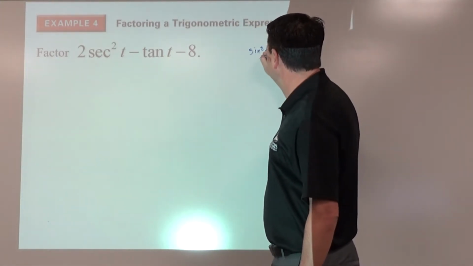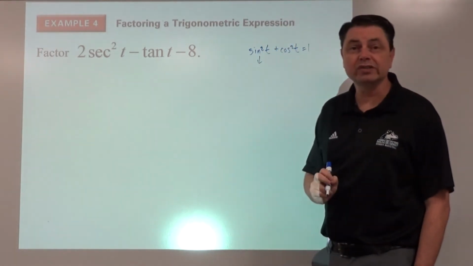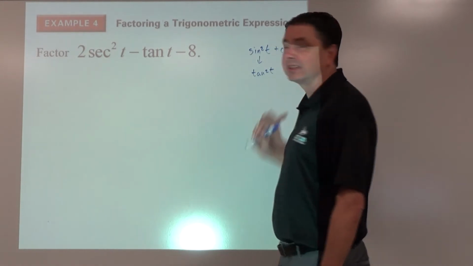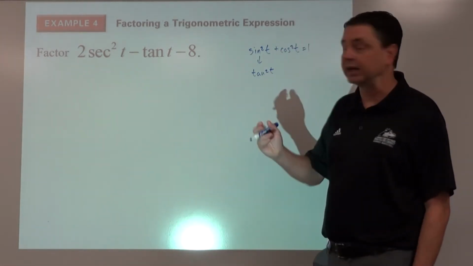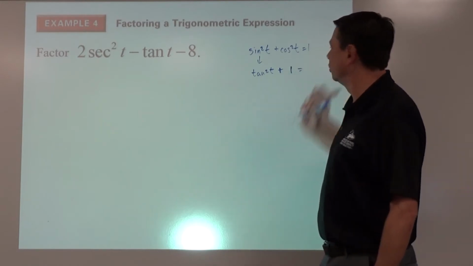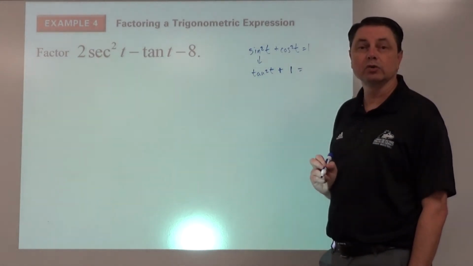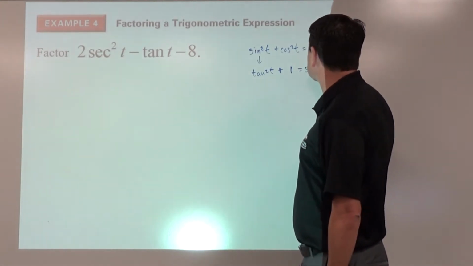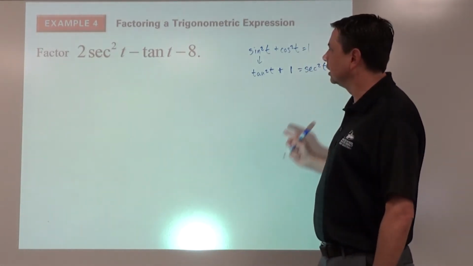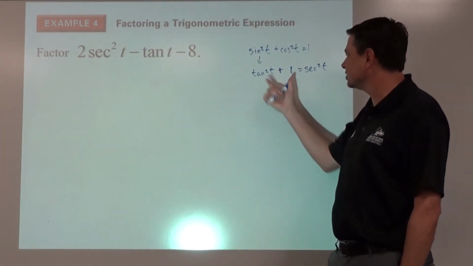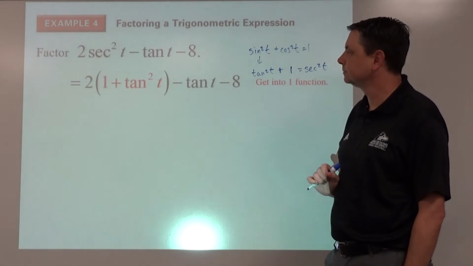If we divide everything by cosine squared t, we're going to get tangent squared t by the quotient identity, plus 1 is equal to, and then 1 over cosine squared t, reciprocals would be secant squared t. So we can replace secant squared t with tangent squared t plus 1.